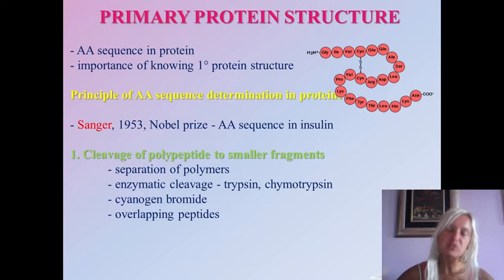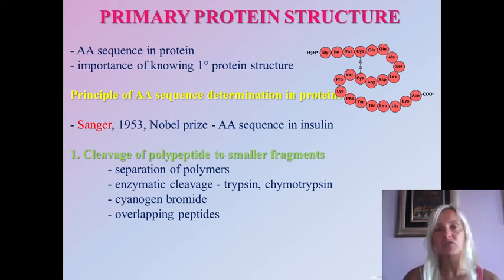So you have to break it into smaller fragments, or cleave it into smaller fragments. And for that purpose, you can use enzymes, for example, trypsin, chymotrypsin, which are very specific, so they tend to cleave specific peptide bonds between specific amino acids. So you can follow your process when you have to put the puzzle back together.